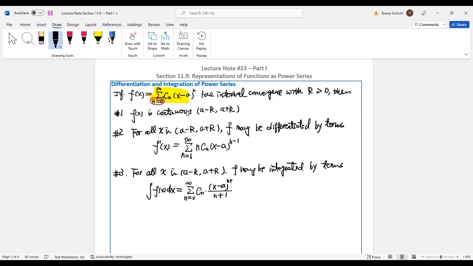And then you add a constant, just like the typical integrations.